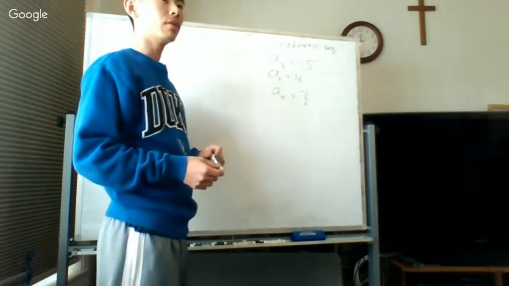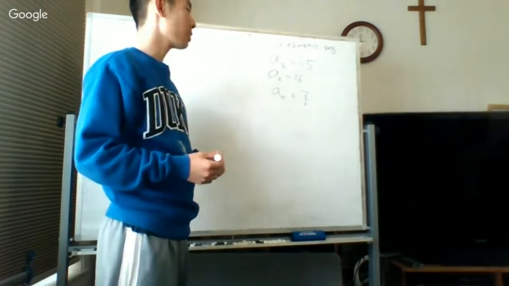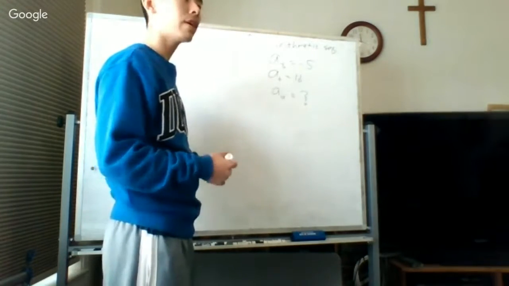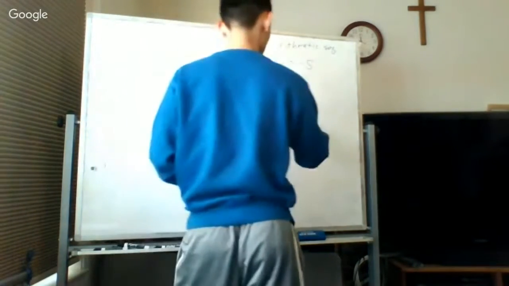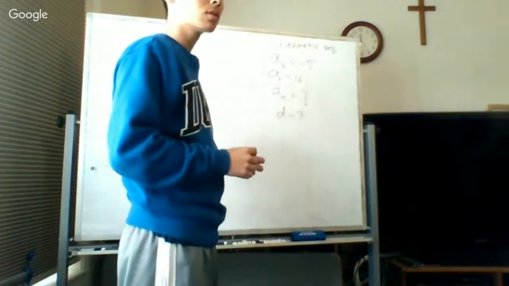It's 21, right? How many terms are between them? 3. So what's our common difference? 21 divided by 3, right? So D equals 7.